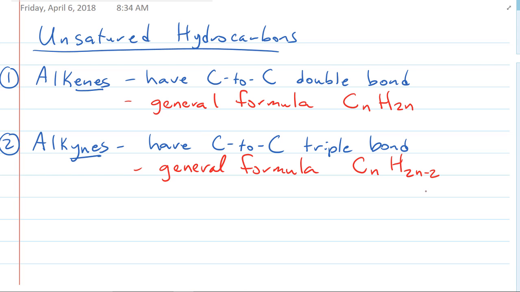Now the next question would be, if this requires a carbon-to-carbon double bond, and this is a carbon-to-carbon triple bond, what is the fewest number of carbon atoms you can have in an alkene? Can you have 1 carbon atom?